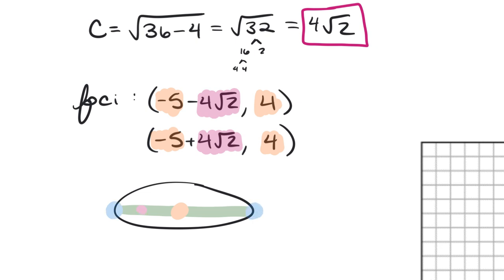My foci have to be somewhere in between the center and the vertices, which means we're going from the center and moving it left and moving it right instead of up and down. So to move something left and right, I have to change the x coordinate, not the y coordinate. So this is me changing the x coordinate to be less than it and more than it. In the problem before this, we added it to the y value because we had a vertical ellipse, and so we were going up and down.